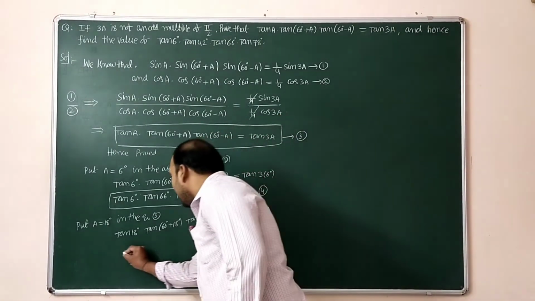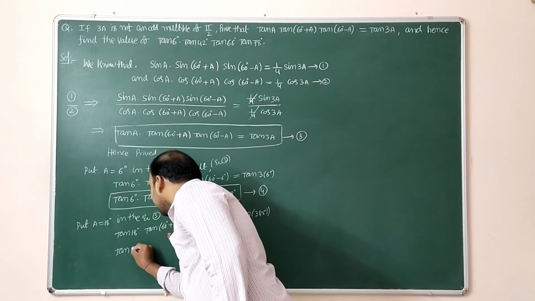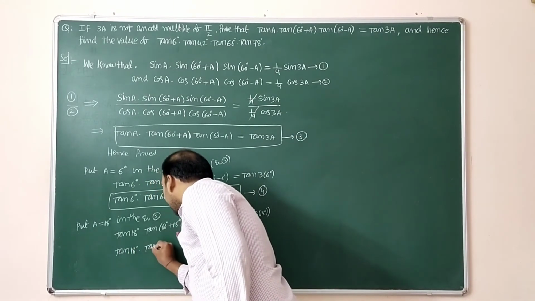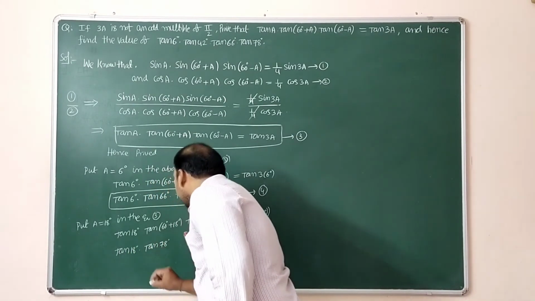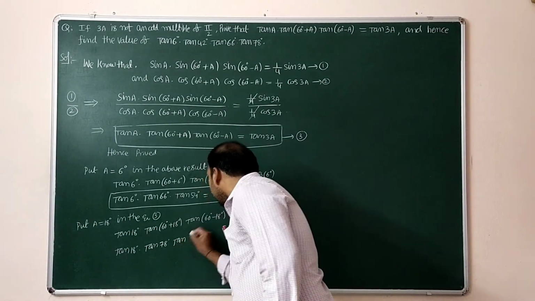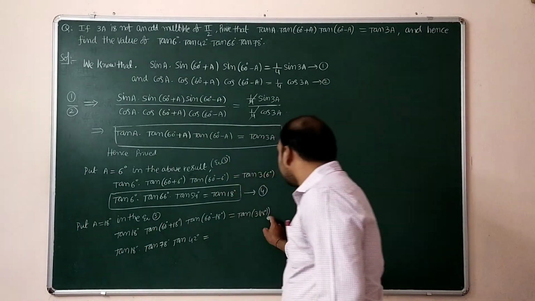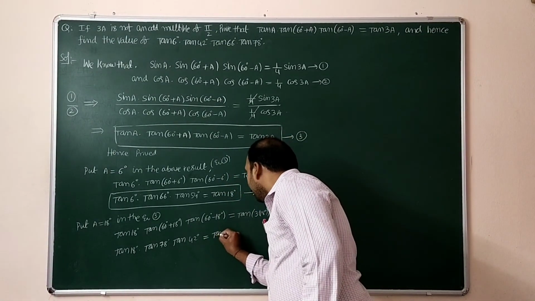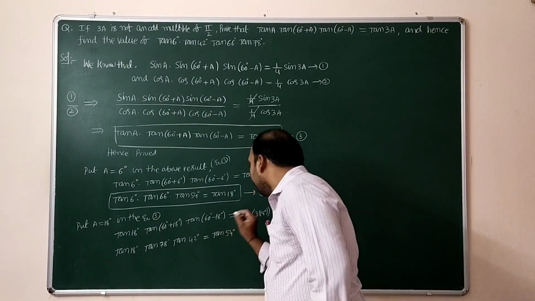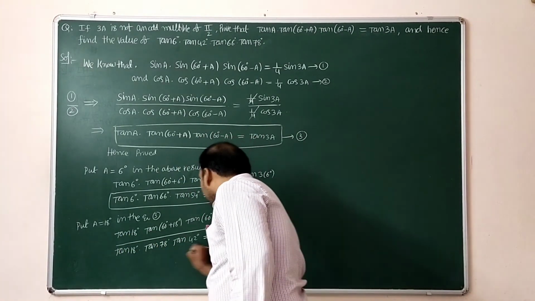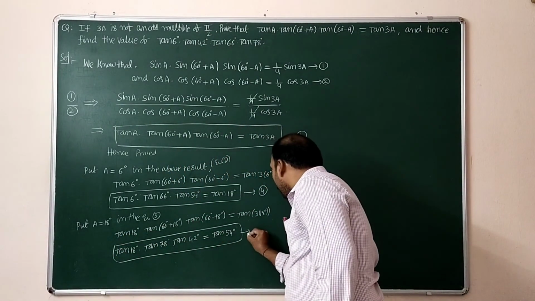So if you simplify, tan 18 degrees into tan 78 degrees into tan 60 minus 18, 42 degrees is equal to, 18 into 3 is 54, tan 54 degrees. You put that as equation number 5.